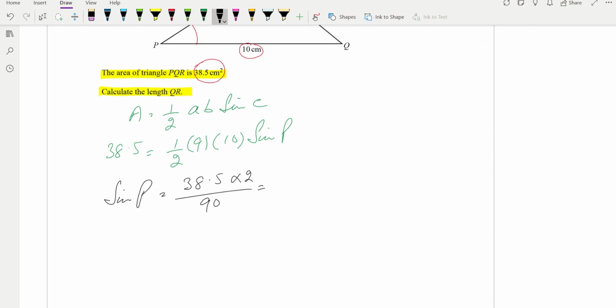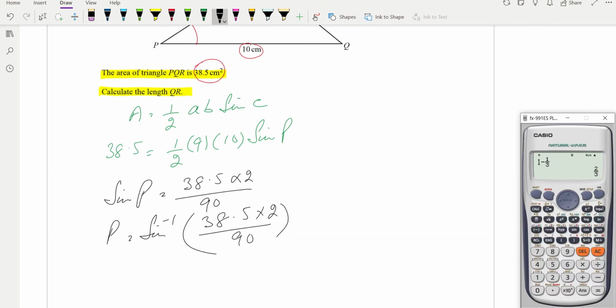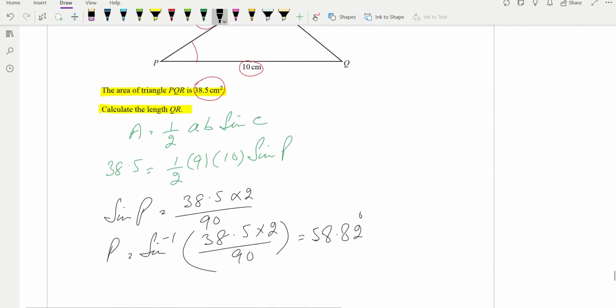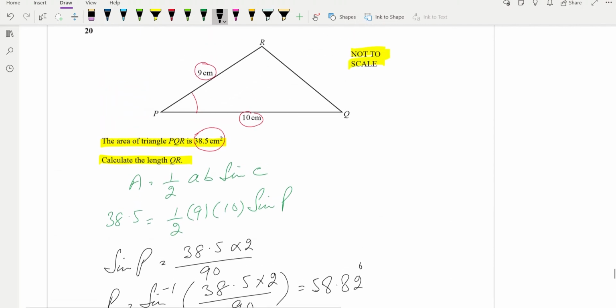So P is equal to sine inverse of 38.5 multiplied by 2 and divided by 90, and this is equal to 58.82 degrees, this will be the angle which we have written over here.